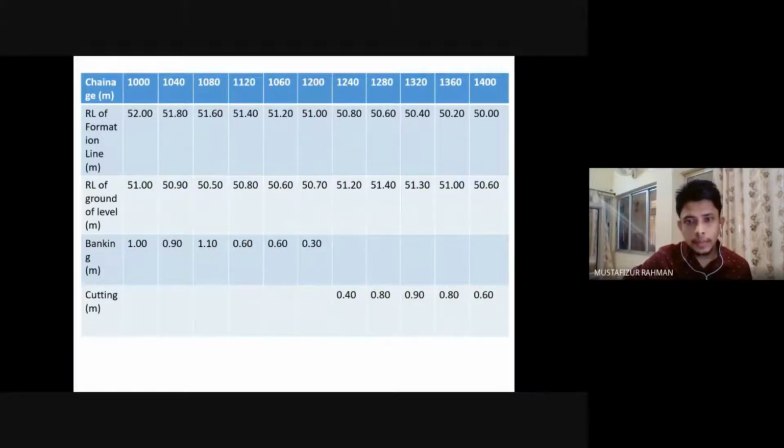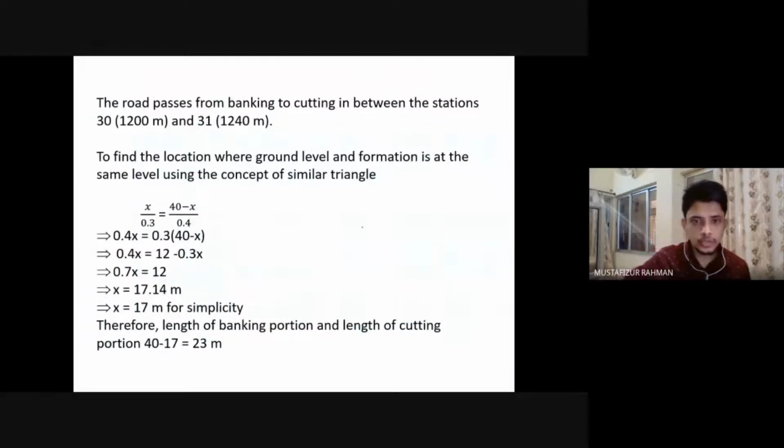It changes here, right? Between 1200 meter to 1240 meter, it changes from banking to cutting. So we have to find out exactly what is the point where this change occurs. It's like this, right?